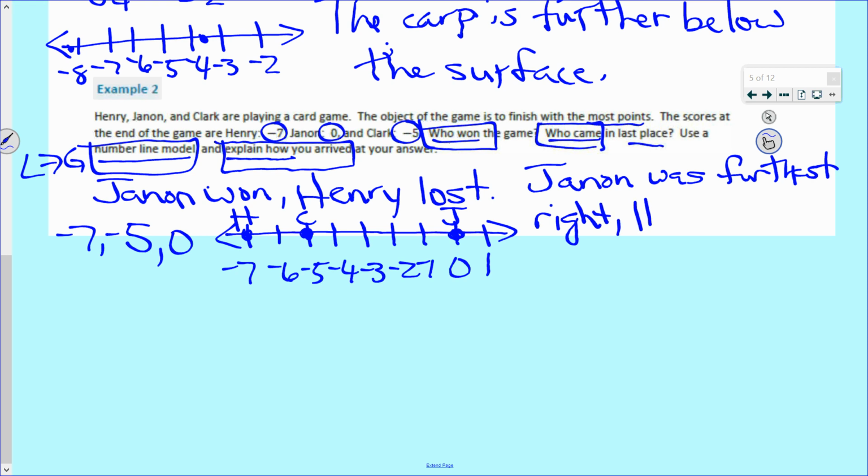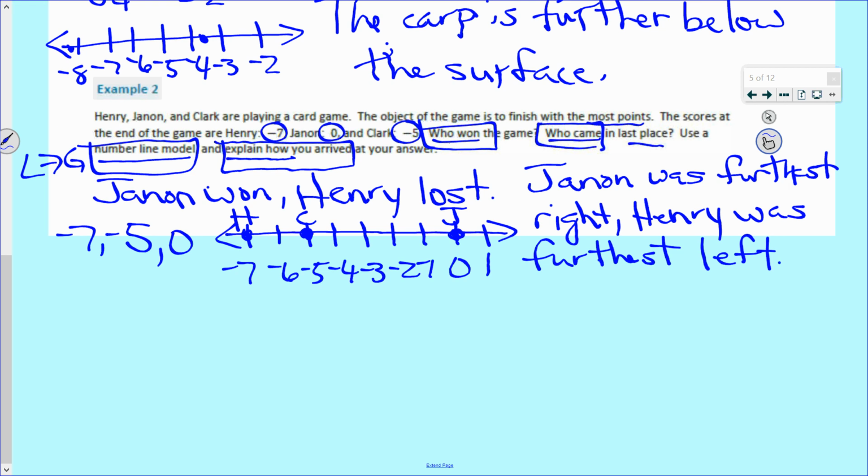And Henry was furthest left. By definition, that means Janin had the most points and Henry had the least. Are you guys starting to see how these go together?